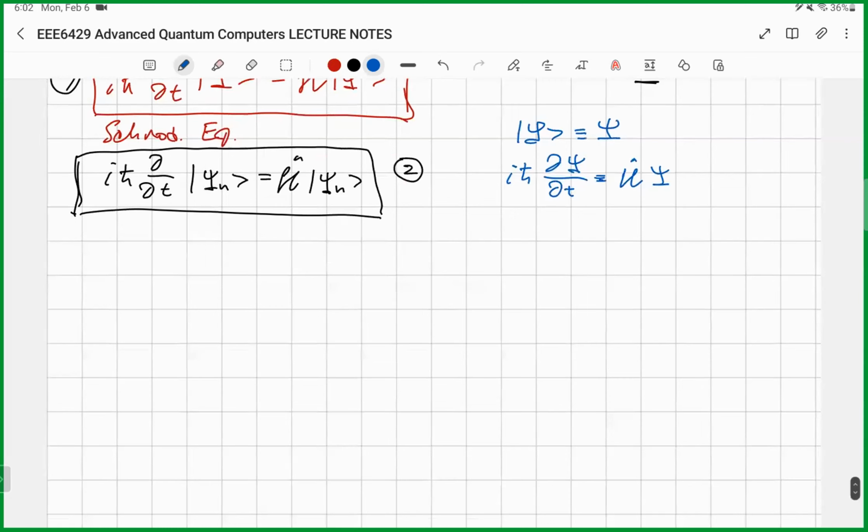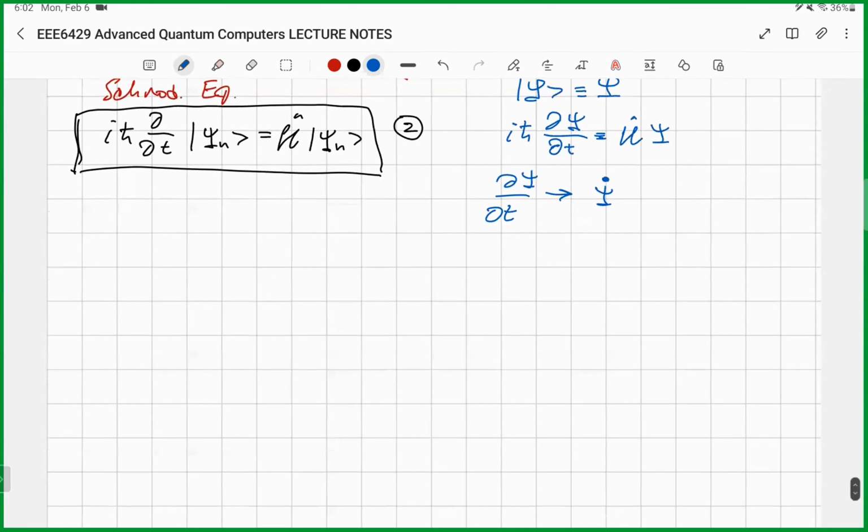Sometimes people, instead of this d over dt, use the so-called Newtonian notation, when you simply put a dot over the letter, and the same equation would be i h bar psi dot equals H psi.